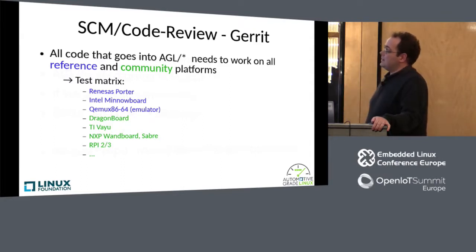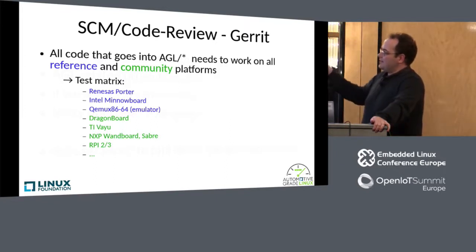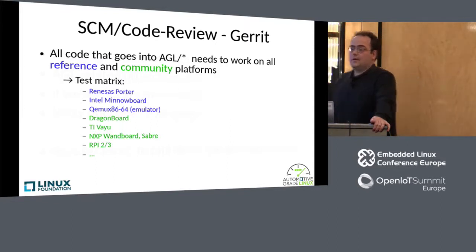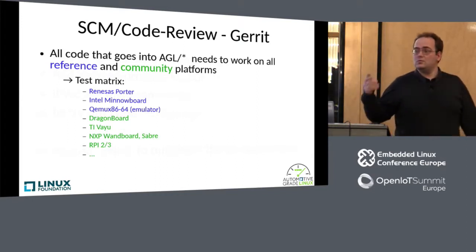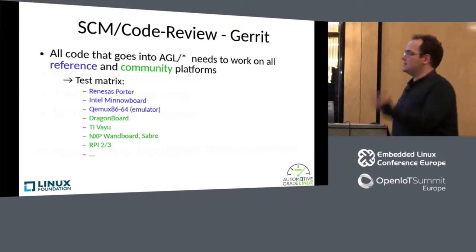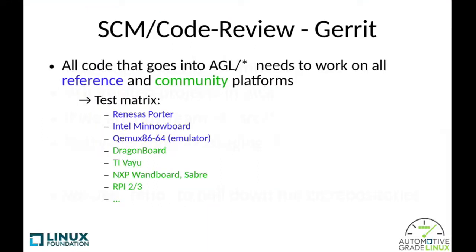And the green ones, which are our community platforms, you see that the matrix starts to grow. If we want to see that it works on each board, then you basically have to test all these. That's nothing I can do on my desk because, well, number of boards times number of tests, times cups of coffee I drink in between, that would maybe work a day, but not on the second day because I didn't sleep all night.